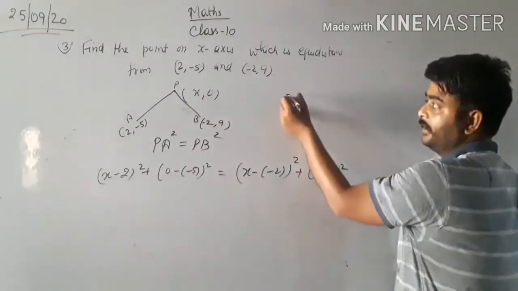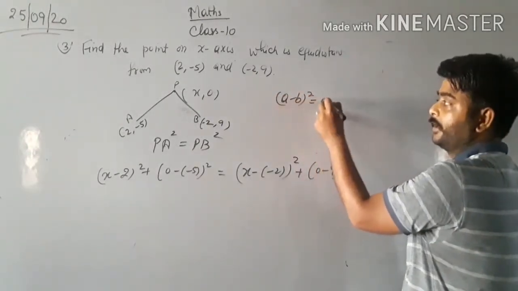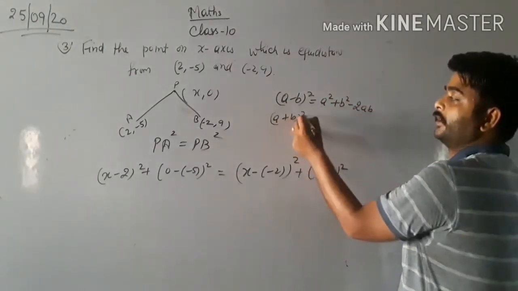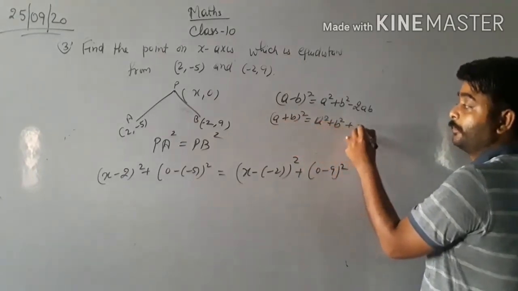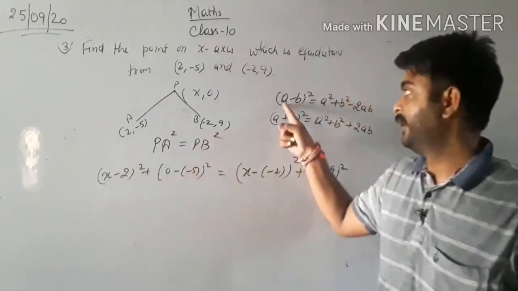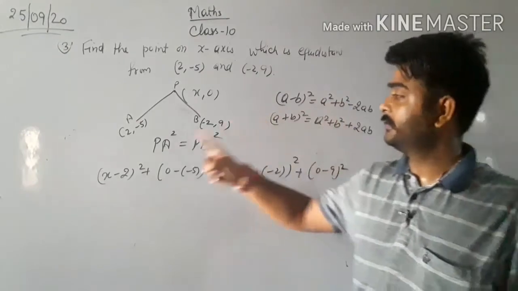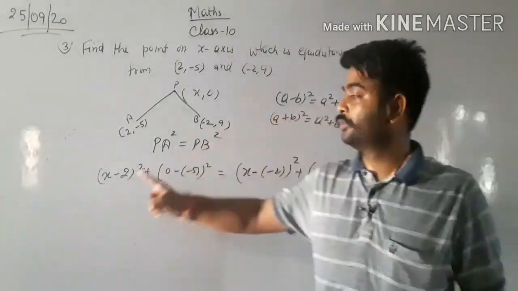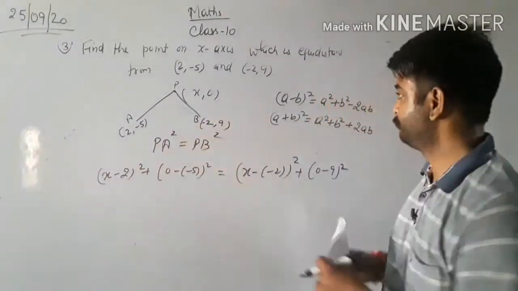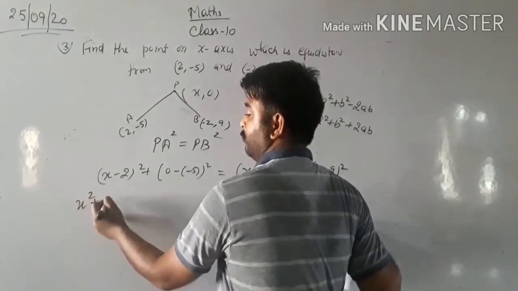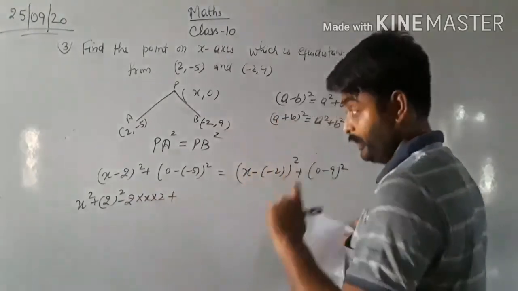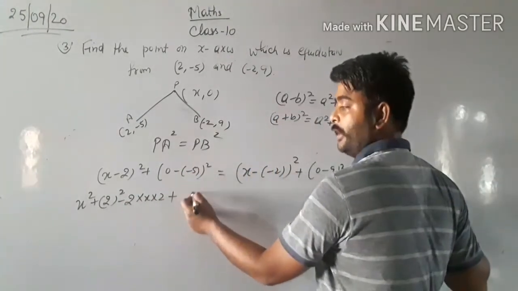Okay class, as we discussed, (a minus b) whole square equals a square plus b square minus 2ab, and (a plus b) whole square equals a square plus b square plus 2ab. Now (x minus 2) whole square is x square plus 2 square minus 2 into x into 2, plus, minus minus plus, square of 5 is 25.